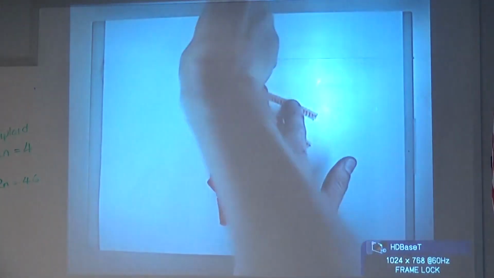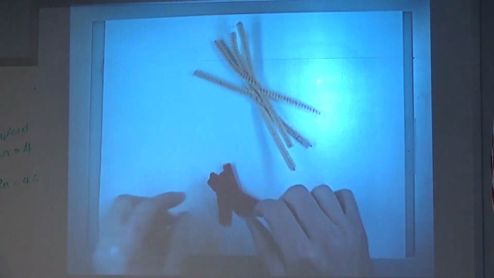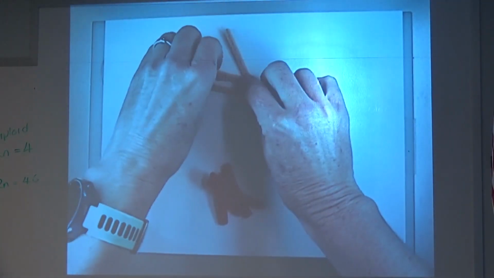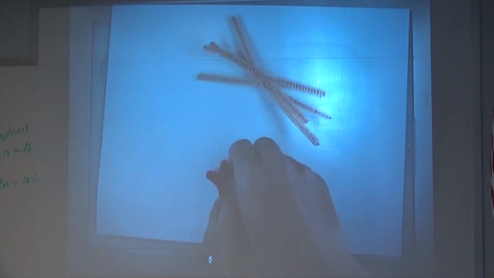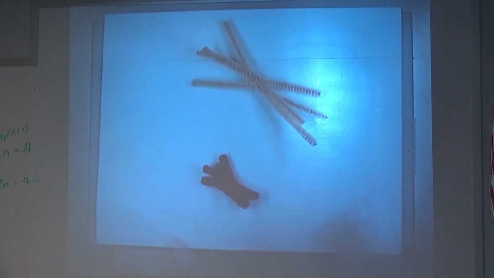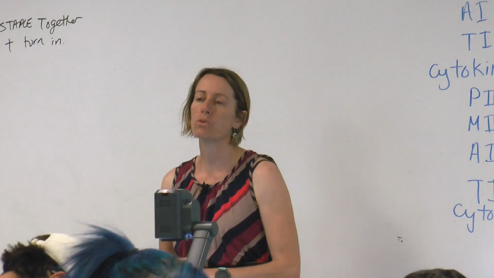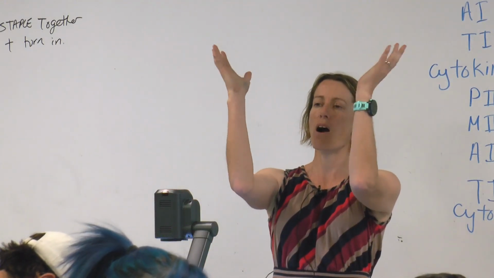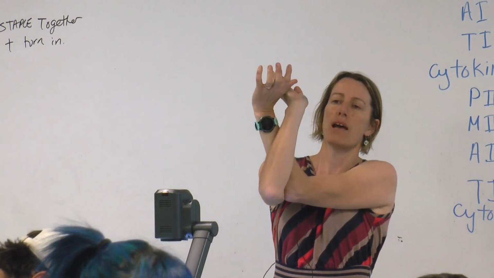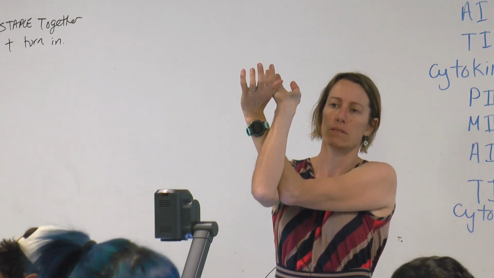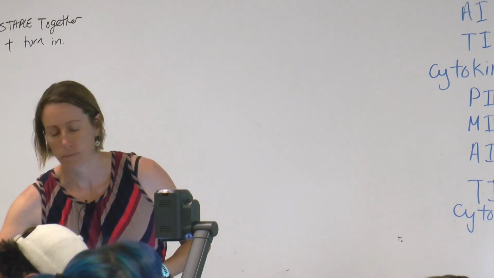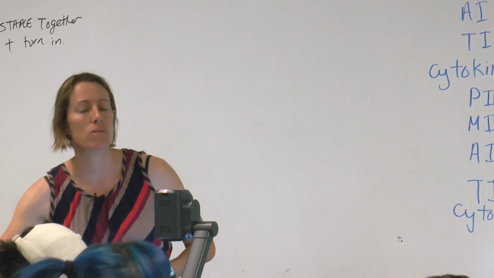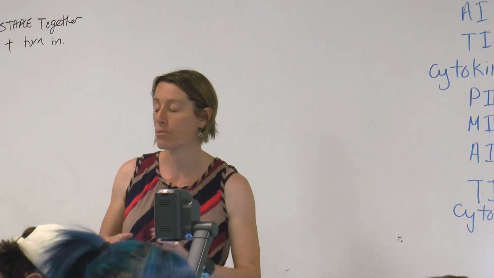The chromatids are twisting up with each other. And the arms of this one are twisting up with each other. That's called crossing over. I'm literally taking the arms of the X's and they're tangling with each other like this. Crossing over. This is all happening in prophase 1. There's a lot of action in prophase 1.